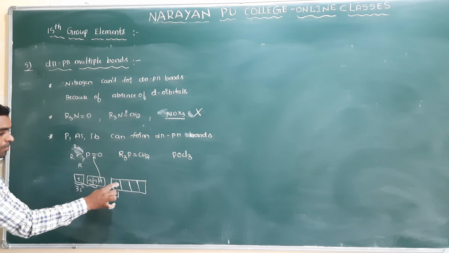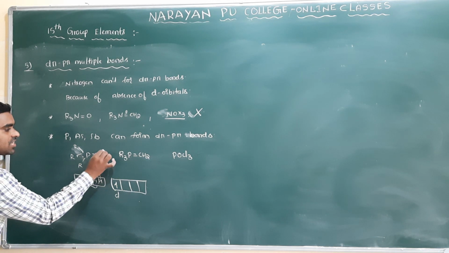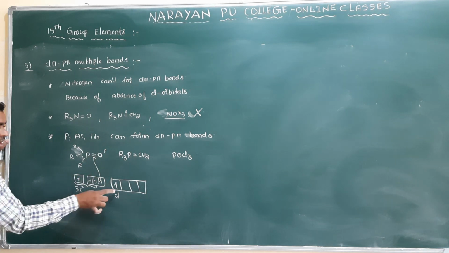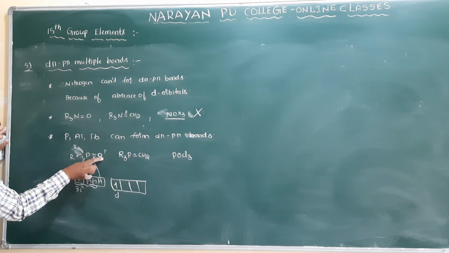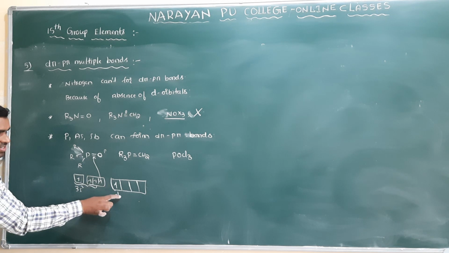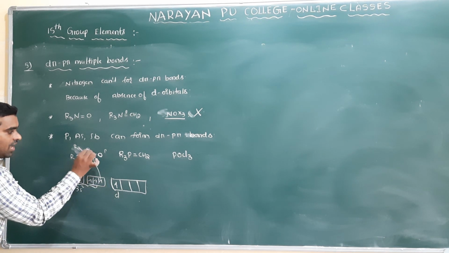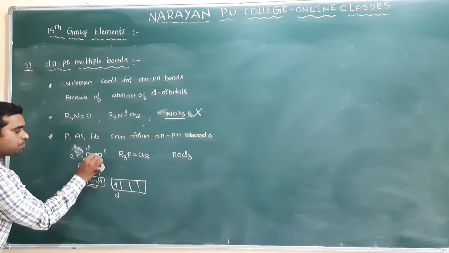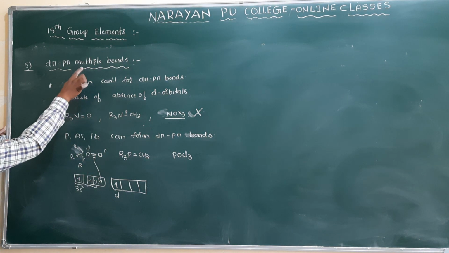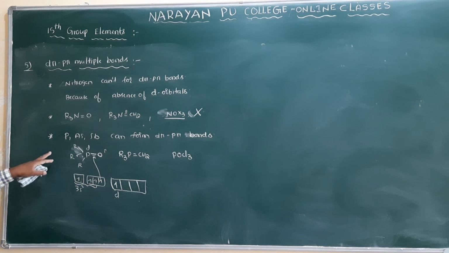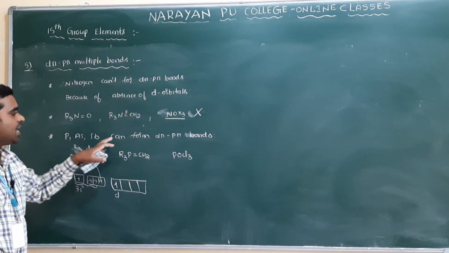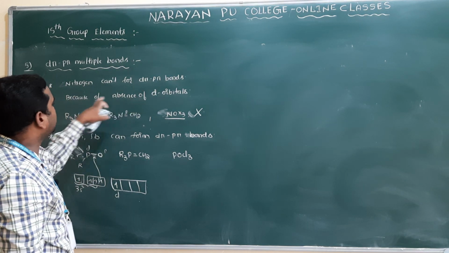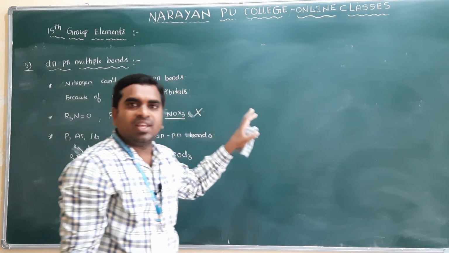Phosphorus uses the d orbital and oxygen uses the p orbital to form this pi bond, which we call a dπ-pπ multiple bond. So phosphorus, arsenic and antimony can form dπ-pπ bonds, but not nitrogen, because of the absence of d orbitals.